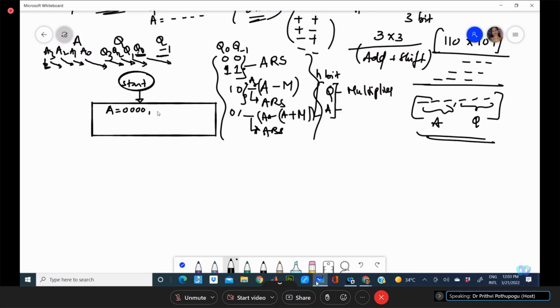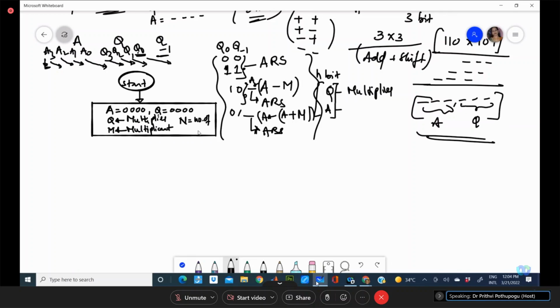And make all Q's 0 for now; later we'll set it. Next, dump the multiplier onto your Q. Then M is your multiplicand, just for understanding.